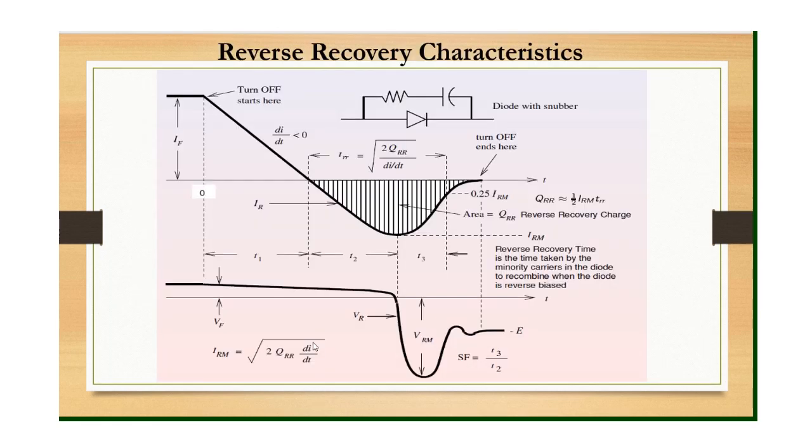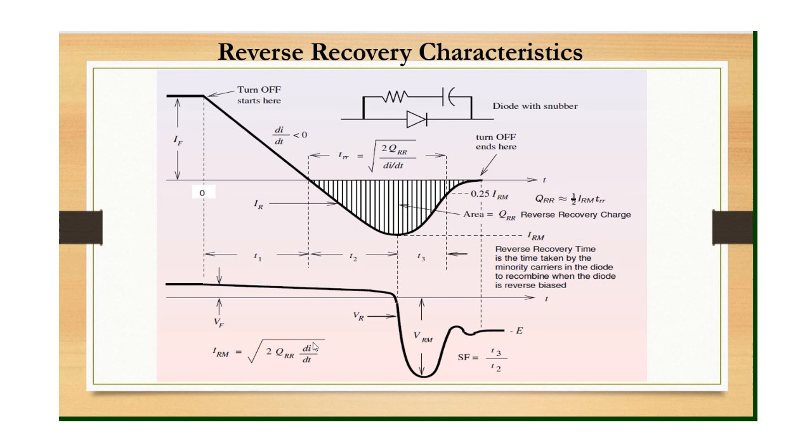The reverse recovery characteristics of the diode can be clearly explained with this diagram here. So what is the reverse condition? We know the current in the forward bias junction diode is mainly due to the effect of majority and minority carriers. So what happens when the diode is reverse biased?